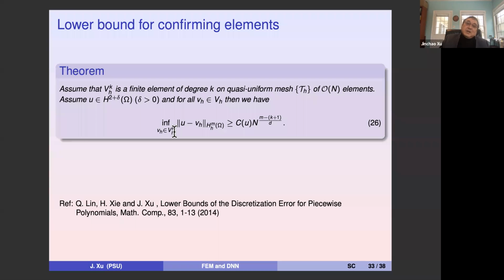So I got curious about that. I wrote a paper with Professor Lin Chun and Xiao Hu. We did the lower bound. I was actually surprised that we could not find any literature about the lower bound of finite element.